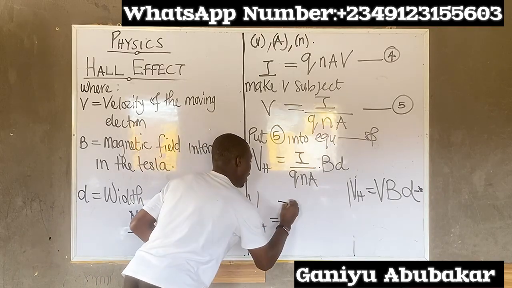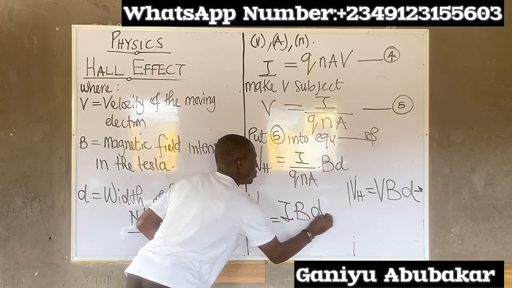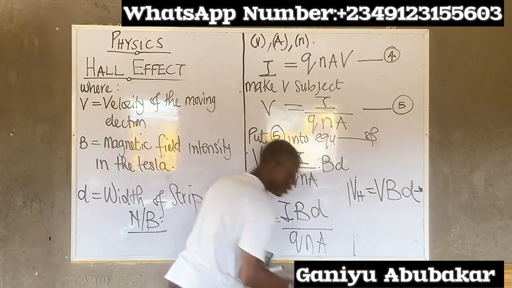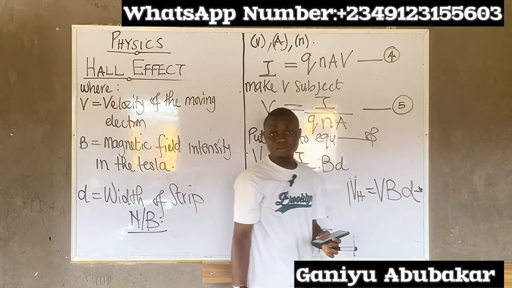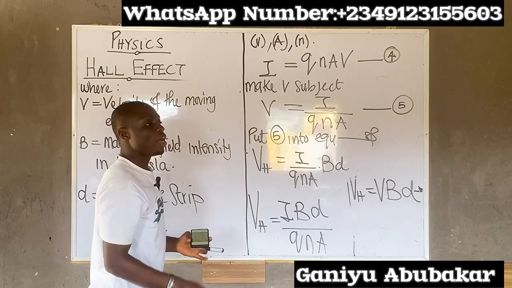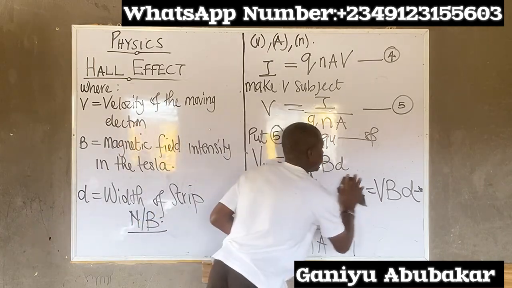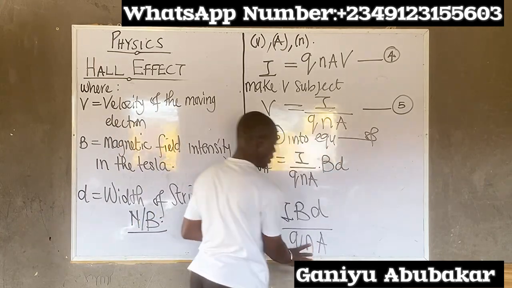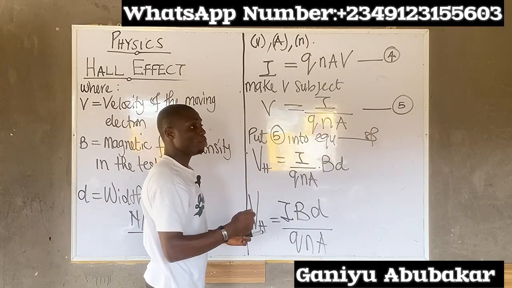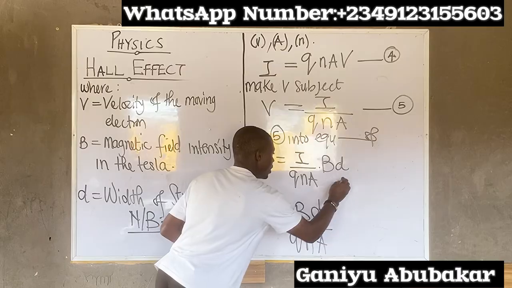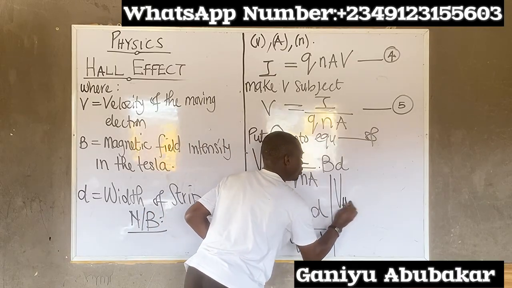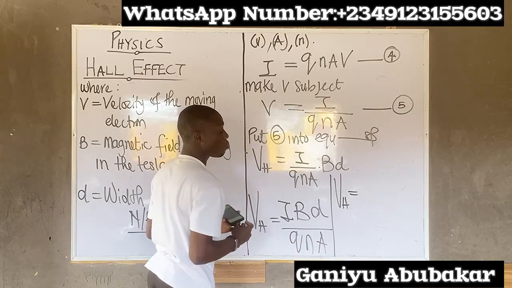From here, I have that VH is equal to, multiplying this, IBD all over QNA. Applying this concept in the normal formula, this is still the formula for Hall voltage, right? But here's the idea. The real formula becomes VH is equal to, this is still correct but not proper.